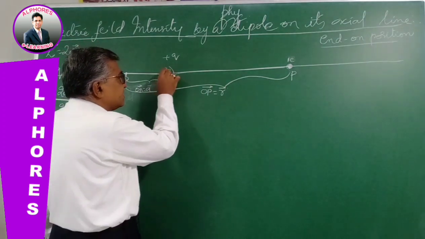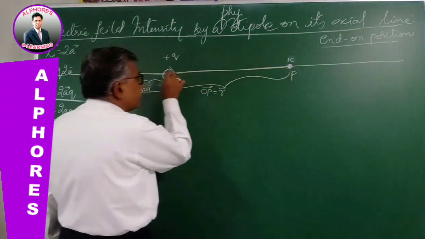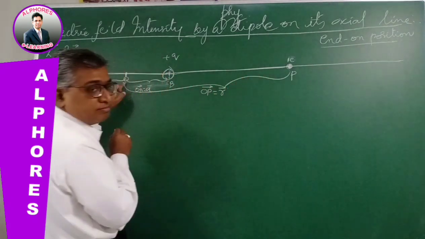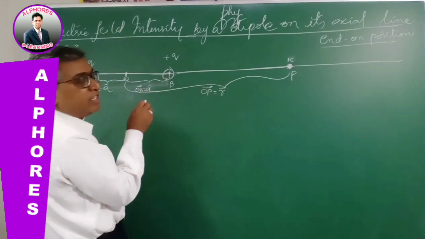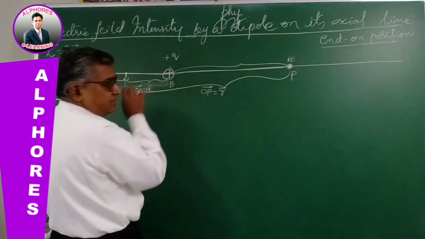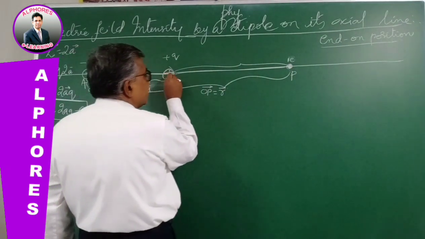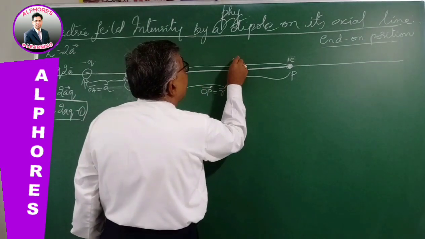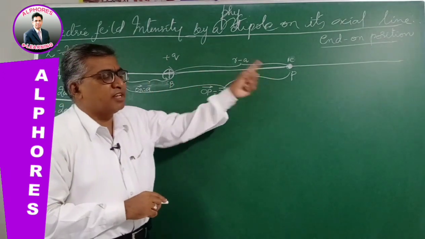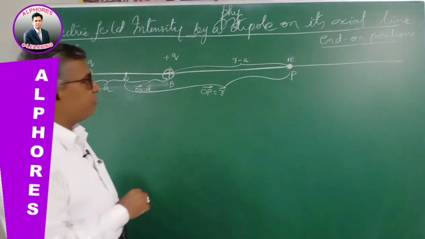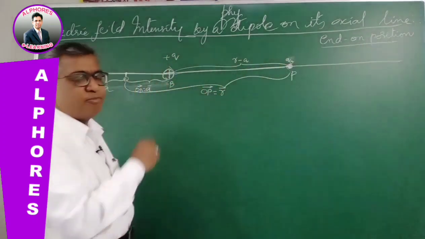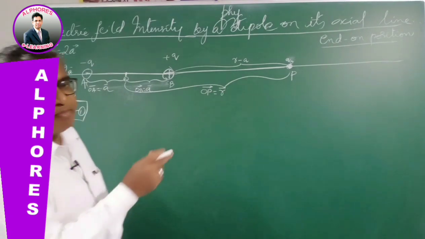Now, the distance of the point from the respective charges. The distance from the center of the dipole is r, of which this part is a. Now the remaining distance of the point P from the positive charge is r minus a. Let us consider the test charge to be Q0; later we will divide the force experienced by Q0 to get the electric field.